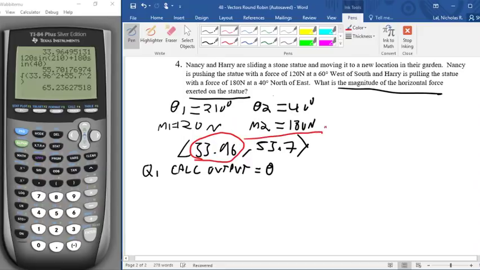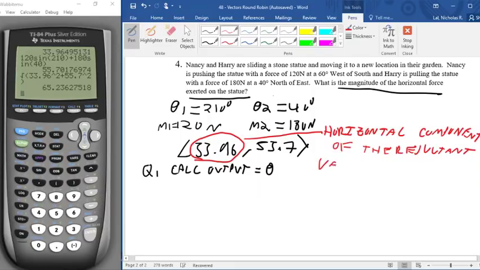That is the horizontal component of the resultant vector, and therefore the horizontal force on the statue.